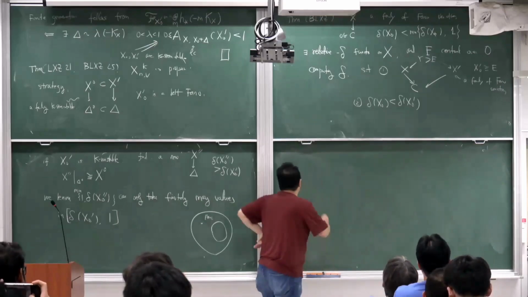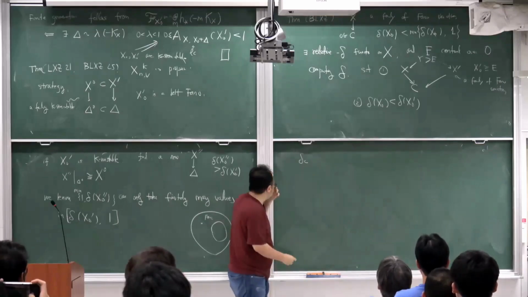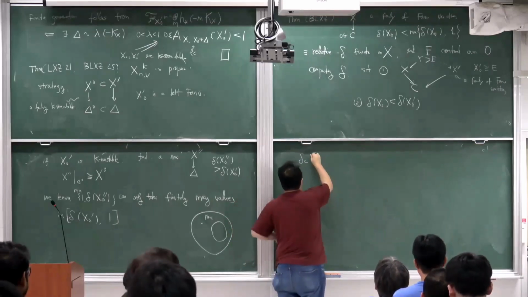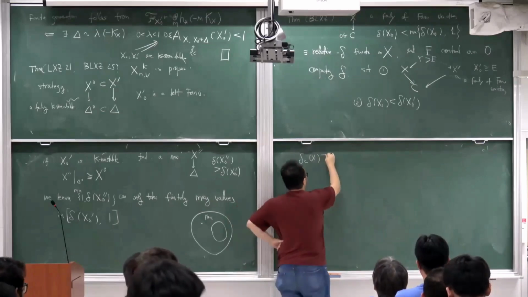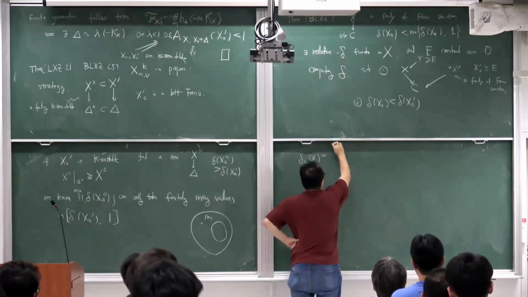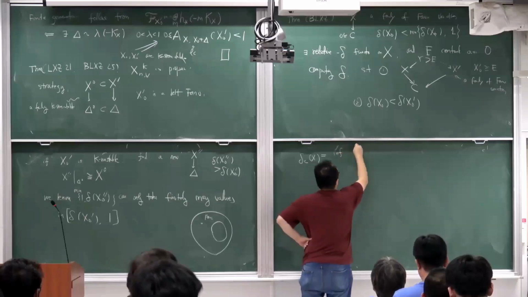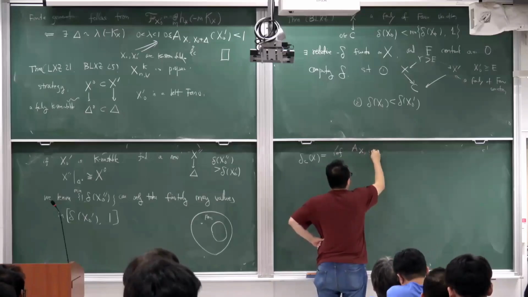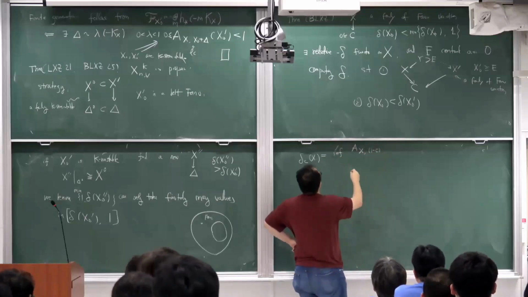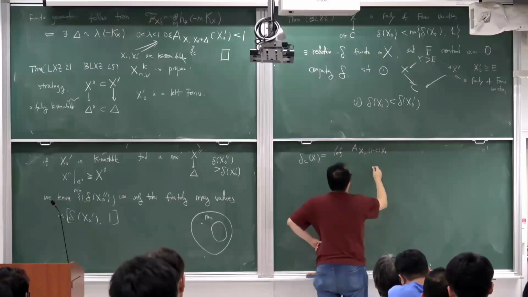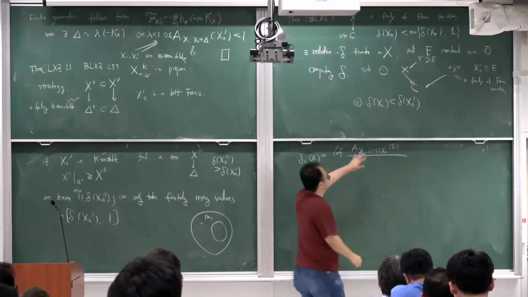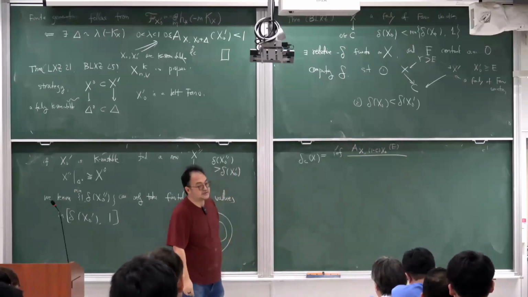So delta C is actually very similar to delta X, now X is a family. This is just defined to be the infimum of A_X, the log discrepancy of X, but now with a parameter C, over X0 of E. So this is just the discrepancy of E with respect to this pair.